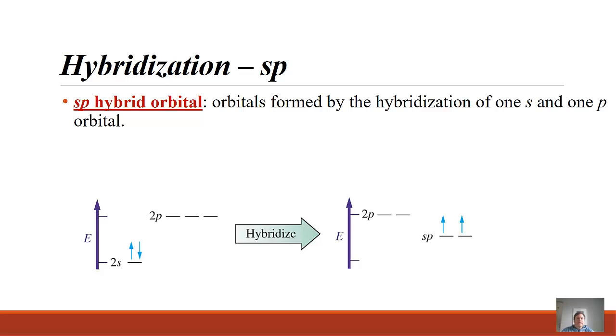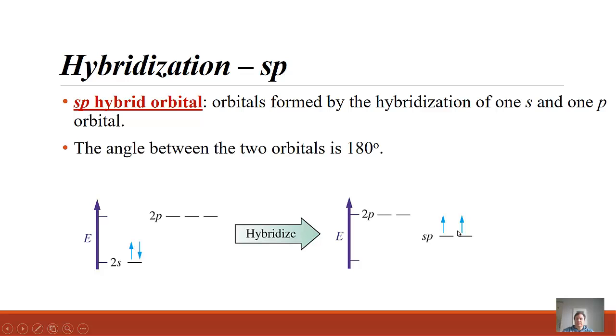As we said, these sp hybrid orbitals are formed by the hybridization of one s and one p. And so what we see is if we have one s here, we actually are going to end up mixing it with one of these p orbitals, and they form this hybridization, this sp orbital. Okay, one s, one p gives us two sp orbitals. The angle between these is 180 degrees.